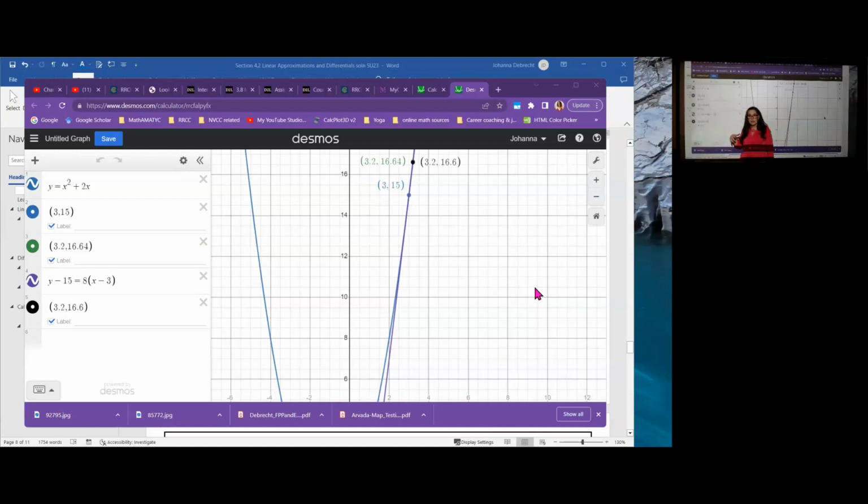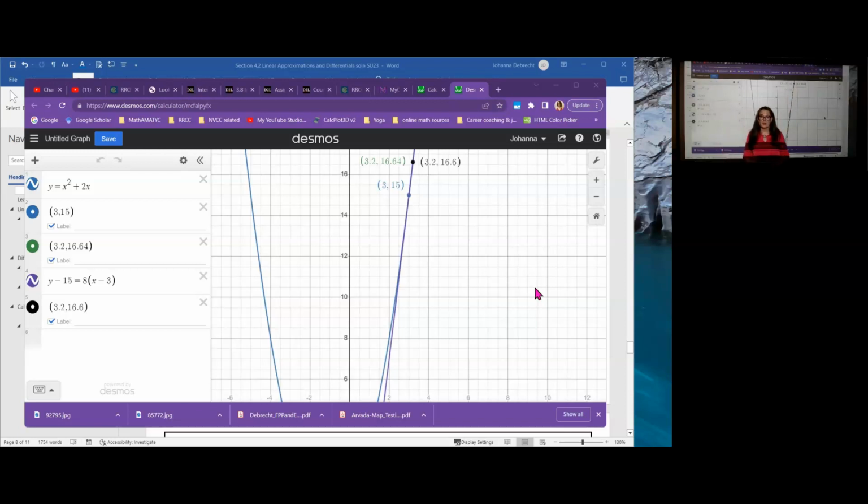We want to approximate the change in the y values, and we want to compare it to the point 3.2, which on the actual tangent line is up there at 16.64. We have the equation of the tangent line written here in purple. We need to know what's the change and how close these values really are. Looking at the graph, it's almost impossible to tell them apart.